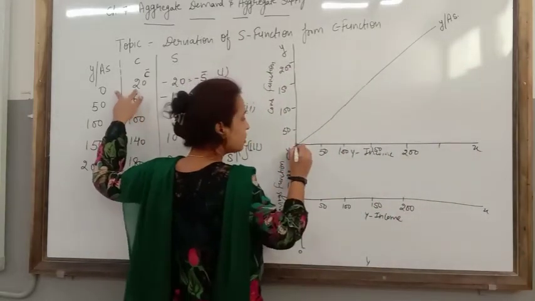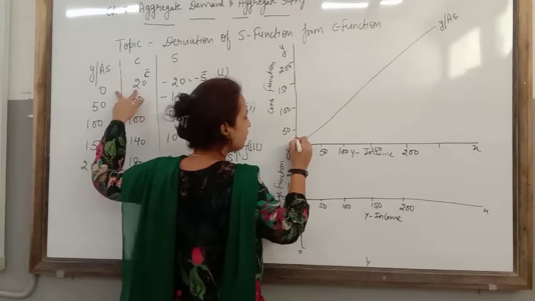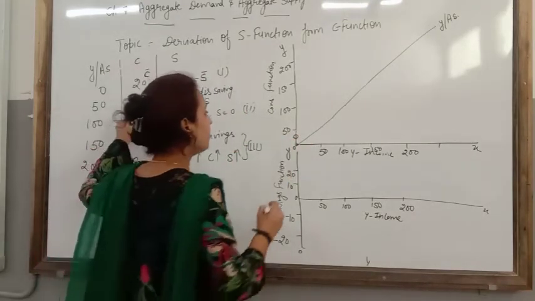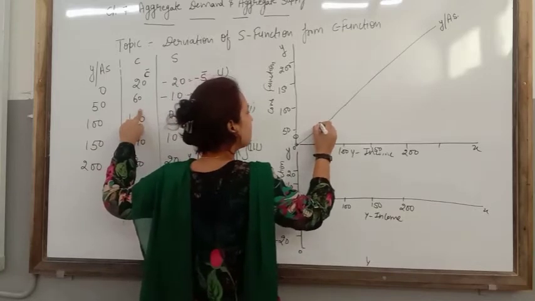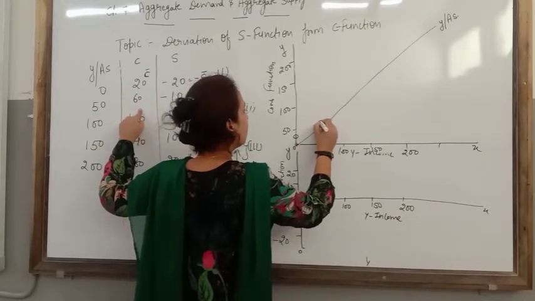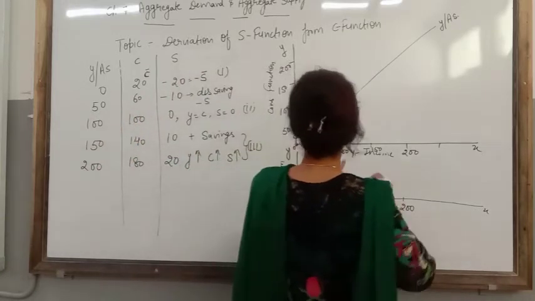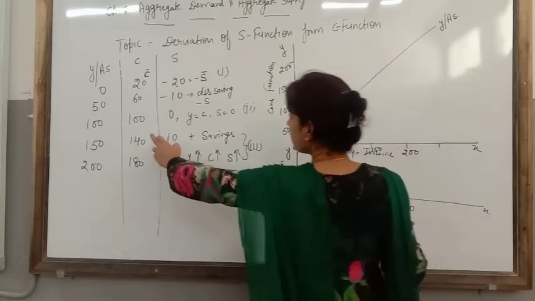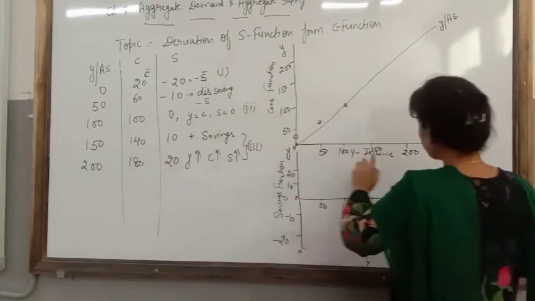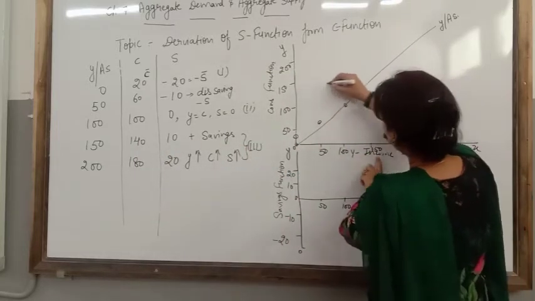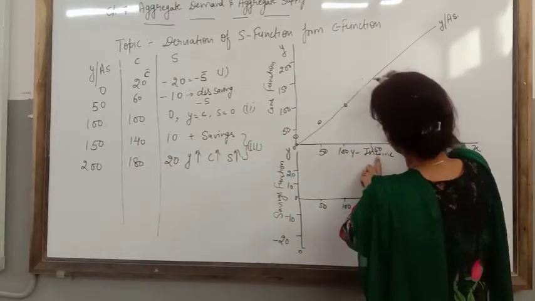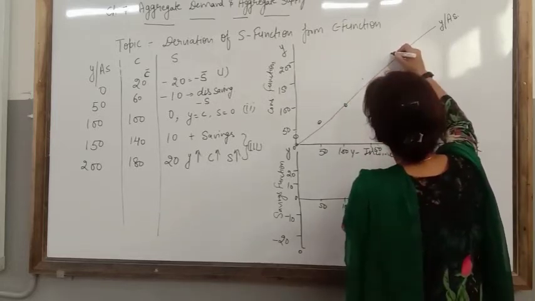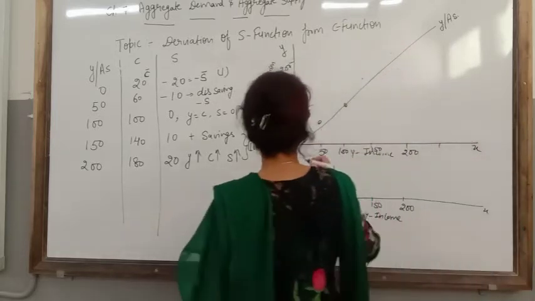At 0 income, the minimum level of consumption will be 20. Now if your income is 50, then your consumption will be 60. Clear? When your income is 100, consumption will be 100, then 150 gives 140, and 200 gives 180. Draw it.